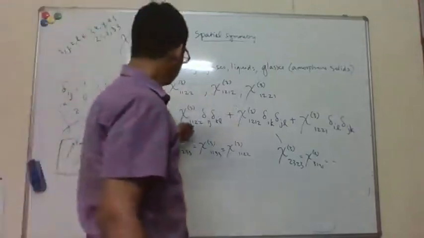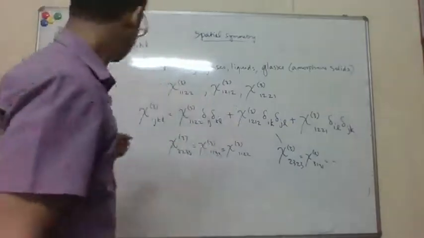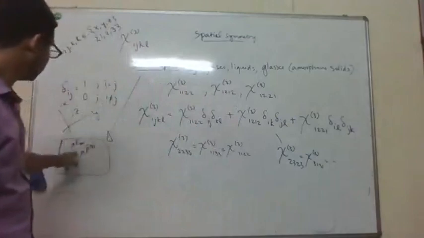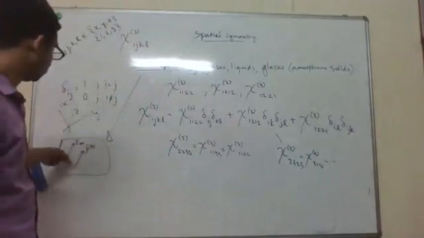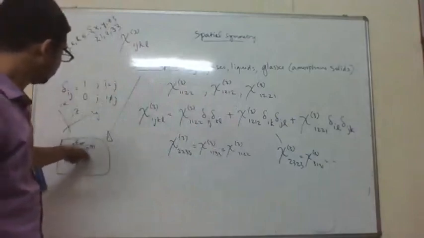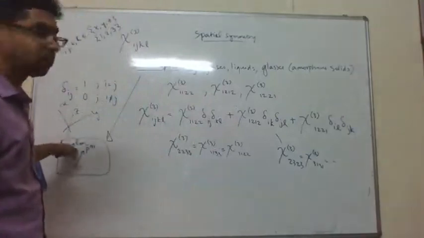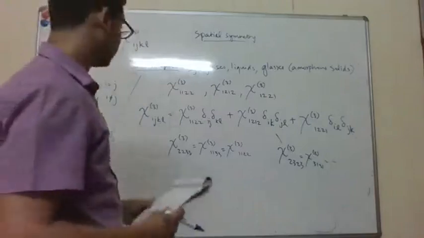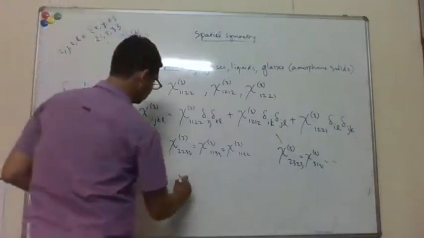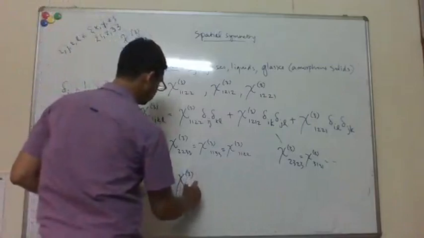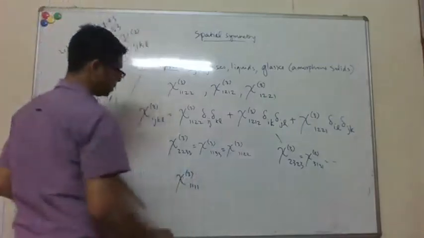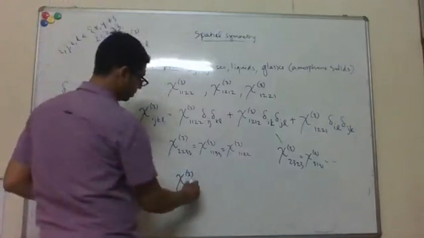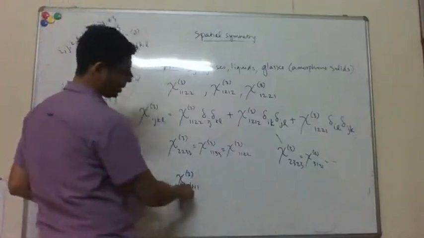One interesting question to begin with is: for an isotropic material, if I'm saying that the polarization has to be in the same direction as the applied electric field, then you would think that you have only the diagonal terms, right? So, for example, chi 1, 1, 1, 1. Here you apply a field in the one direction, and then you get a polarization also in the one direction.